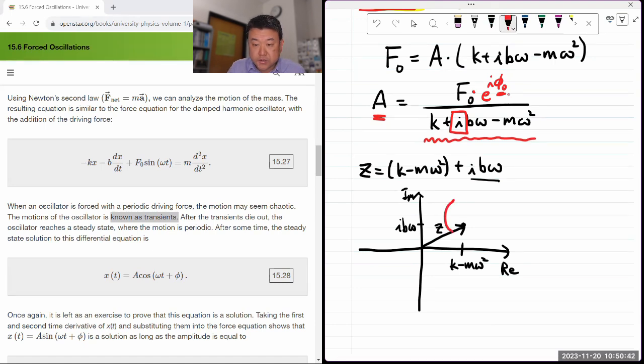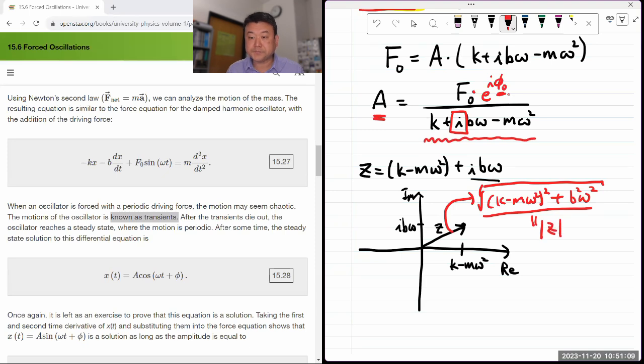So the geometric representation here is completely valid, completely something to be relied on. This magnitude here, I can calculate as the magnitude of a vector with these two components. That's the square root of the x component squared plus the y component, b squared omega squared. The square root of that will be the absolute value of g.